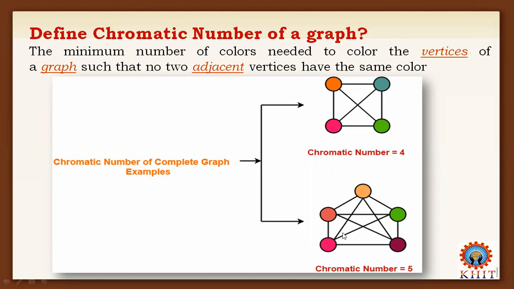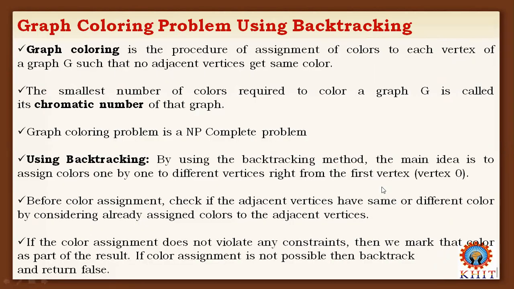We have discussed two more examples also. Now let me discuss the basic principles we need to adopt before solving the given graph coloring problem by using the backtracking technique.